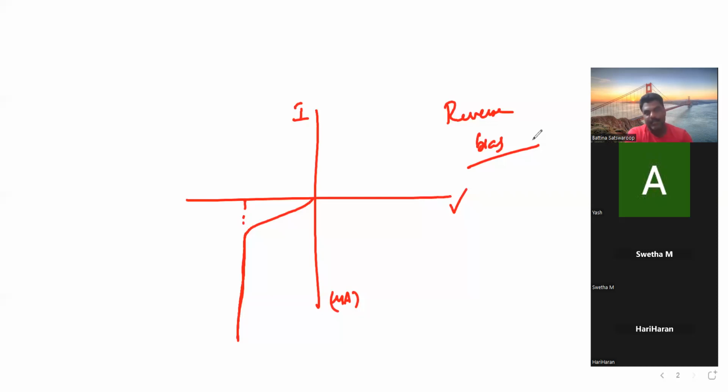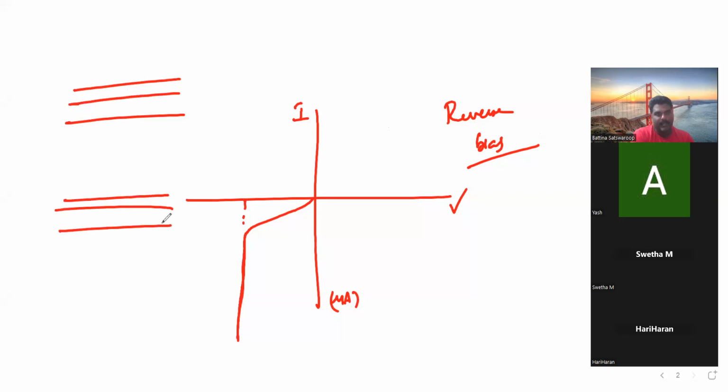Energy band diagrams I am not drawing, you already know, it is very simple. There will be two bands, conduction band and valence band. If there is a big gap between them, you will call it an insulator. With a very small gap you can call it a semiconductor. If they are merged, you will call them good conductors, so overlapping of the valence band and conduction band will happen.